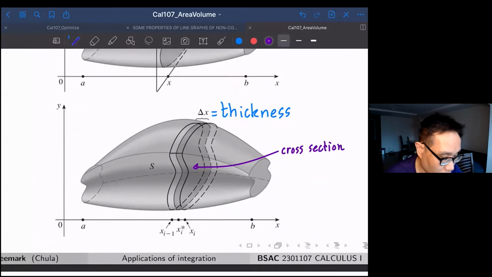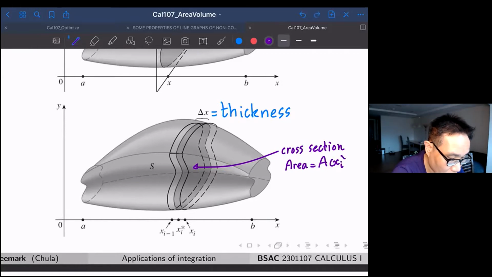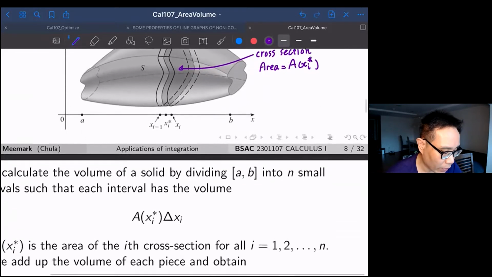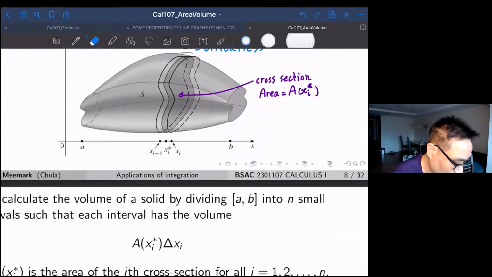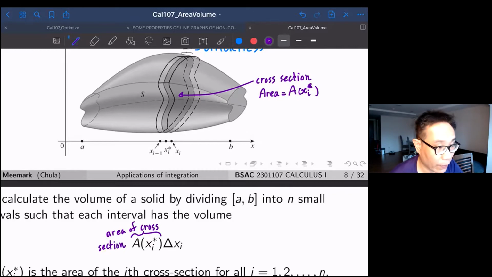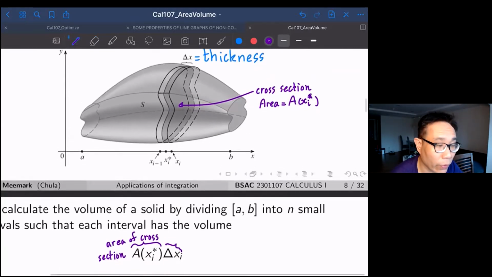In order to compute the volume, you have to find the area of the cross section, so the area equals A(x_i star). You compute the volume of this small piece given by the cross section area, and this gives you the thickness.